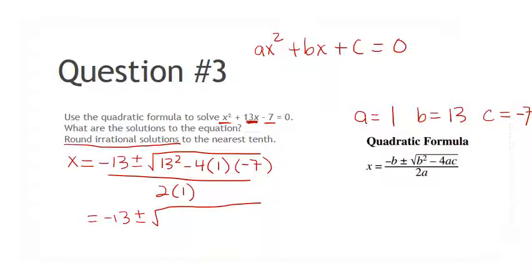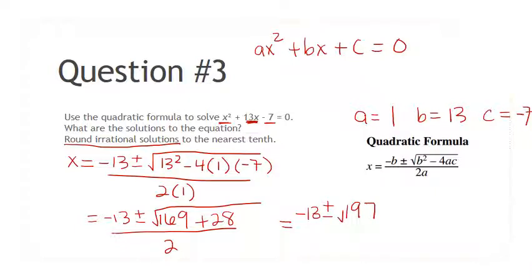So 13 squared is 169. And then we have negative 4 times 1 times negative 7 is going to give us a positive 28. 2 times 1 is just 2. So when I simplify this, I get negative 13 plus or minus, and then 169 plus 28 gives me 197.